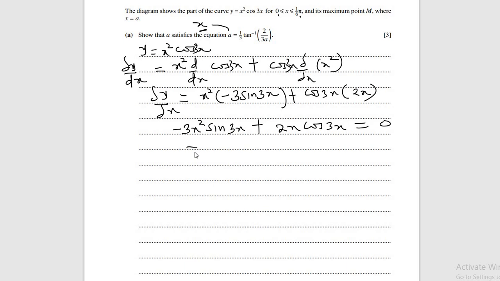Let's rearrange. Put this one to the other side, it becomes minus 2x cos 3x. The minuses cancel. What's left? 3x squared sin 3x equals 2x cos 3x.